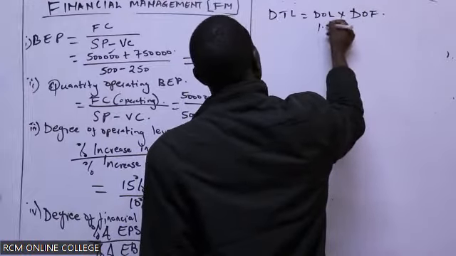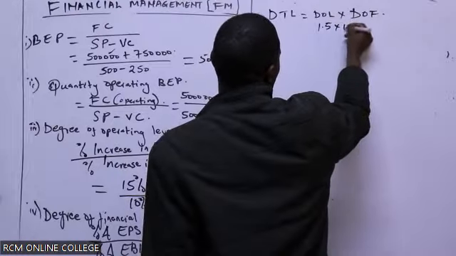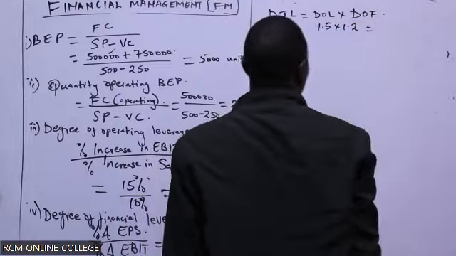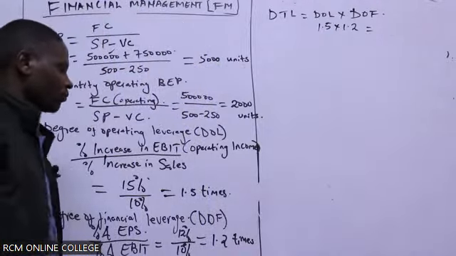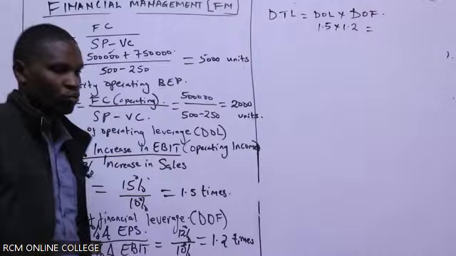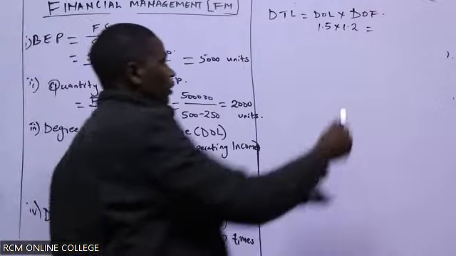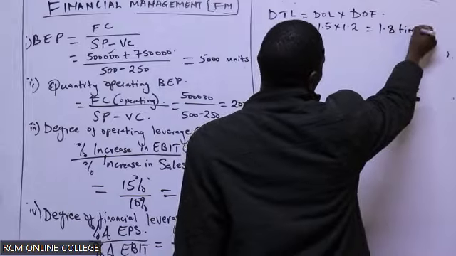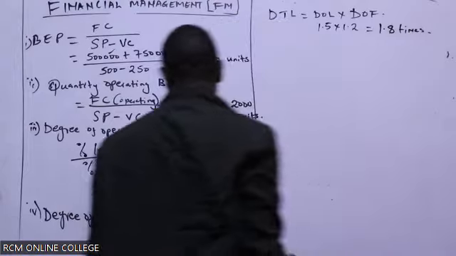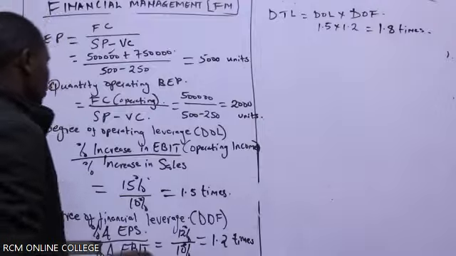So it is 1.5 times 1.2. DOL times DFL. 1.5 times 1.2. So it is 1.8 times. So the major thing here, class, is for you to just know the formula.